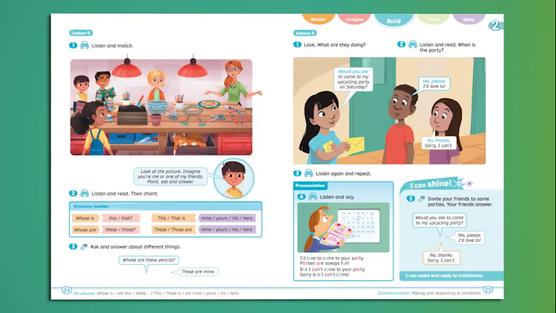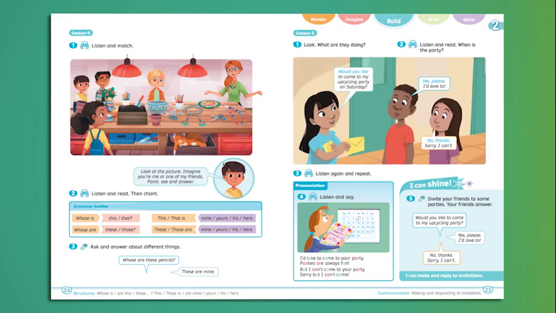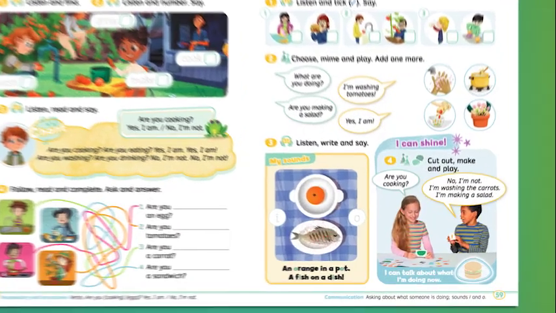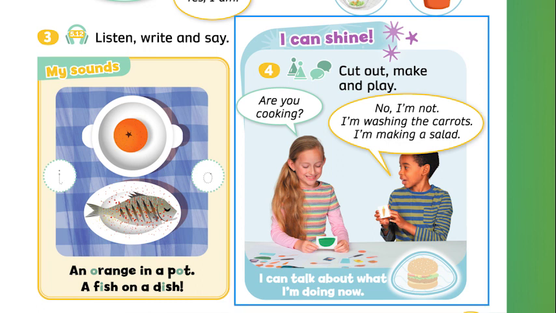In levels 3 to 6, new functional language is presented here through a dialogue, providing a clear model for speaking practice. The I Can Shine activity in the Build stage is a personalised speaking activity focused on a key speaking objective.